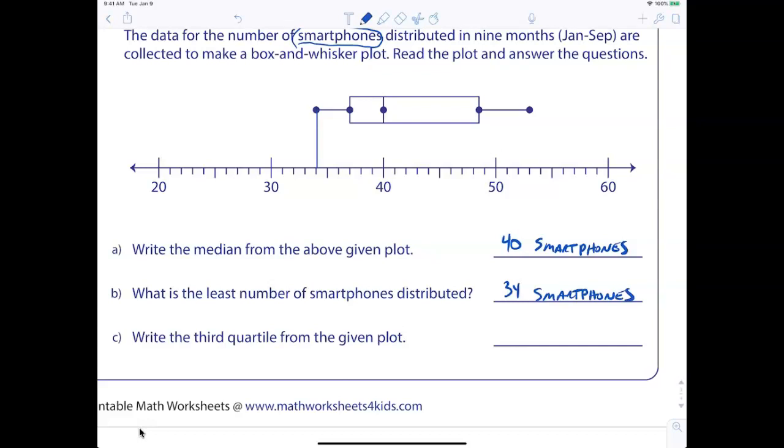What we got for the third quartile? 58.5. I don't think so. I'm going straight down here. I know what you meant. Oh, 48. Yes, 48.5. I'm okay with 48.5 smartphones. I was looking at the 50.